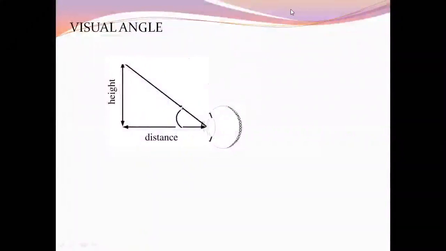Now we are going to discuss visual angle. Visual angle can be defined as the angle subtended by an object at an eye. In this figure, the angle subtended by an object which is at a certain distance, suppose phi, then this angle phi is said to be the visual angle.